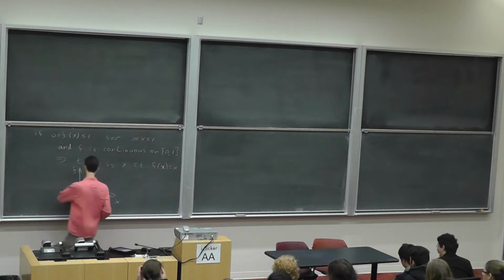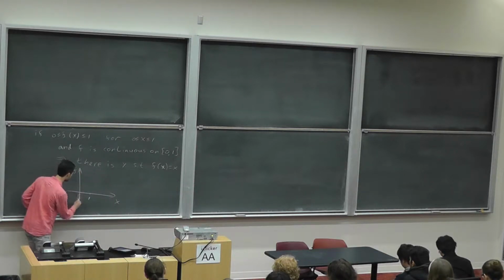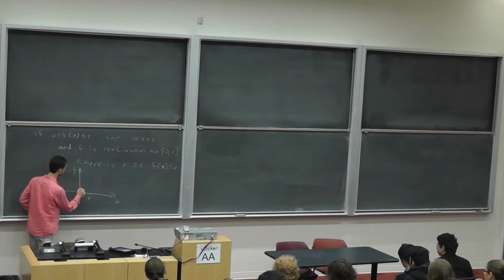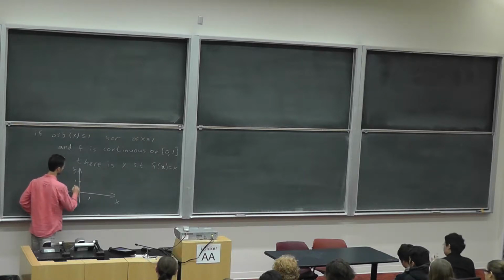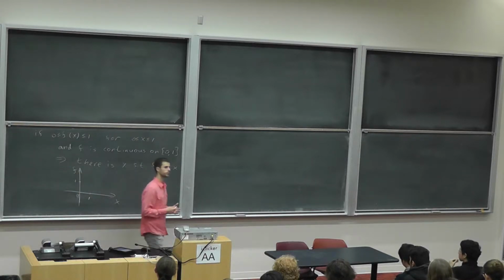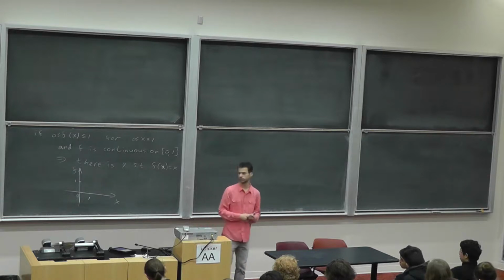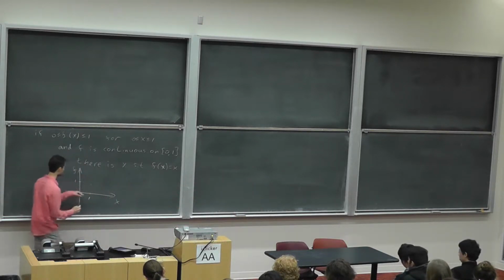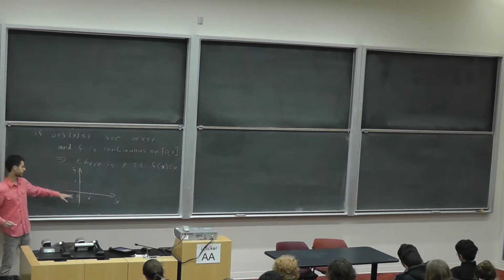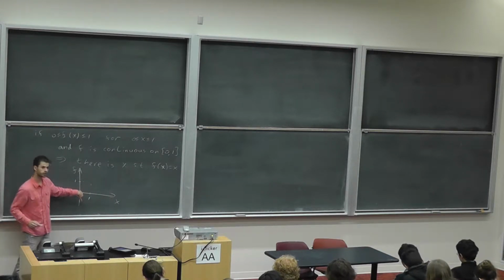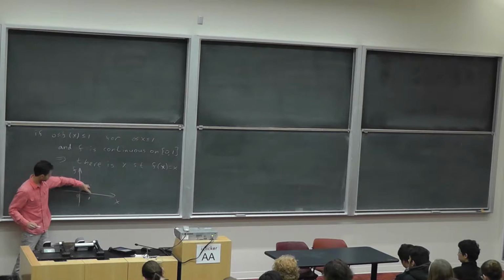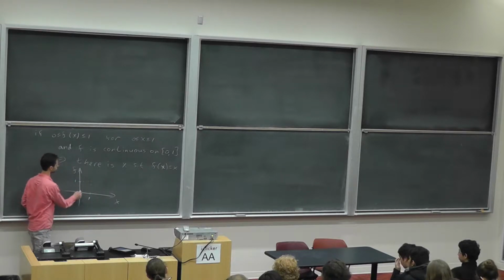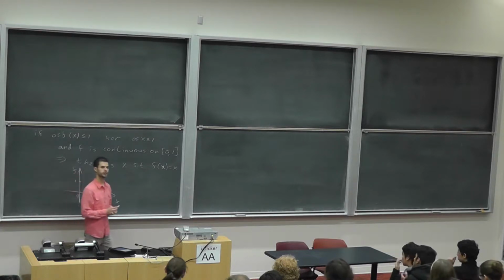So here's what I mean. The function takes numbers from 0 to 1 to numbers from 0 to 1. What does it mean about the graph of this function? Well, here's this square from 0, 1 to 0, 1. And if you put in a number in this interval from 0 to 1, the output is going to be a number from 0 to 1.